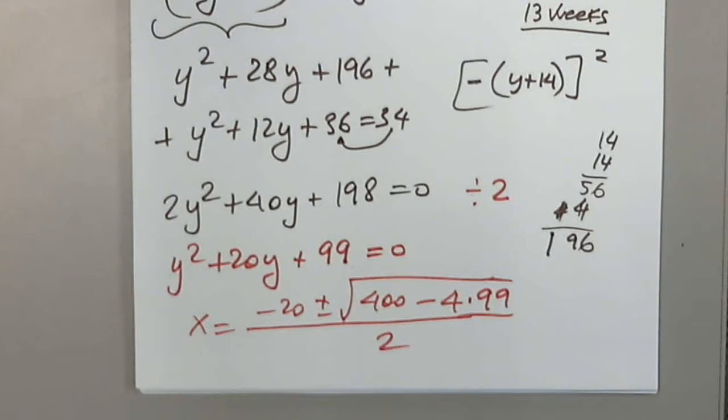Parentheses for the top, negative 20 plus the square root, parentheses, 400 minus 4 times 99, close the parenthesis, close the outside parenthesis, and divide by 2. Negative 9. And then I copy the entry and change the positive in front to negative. Of course, if you see how to factor in a blink, fine; otherwise I'm not going to waste my time.